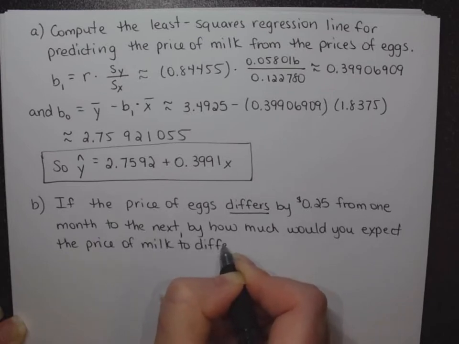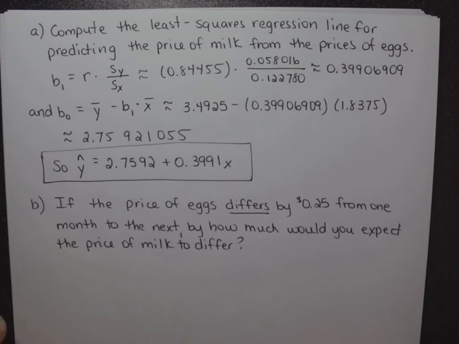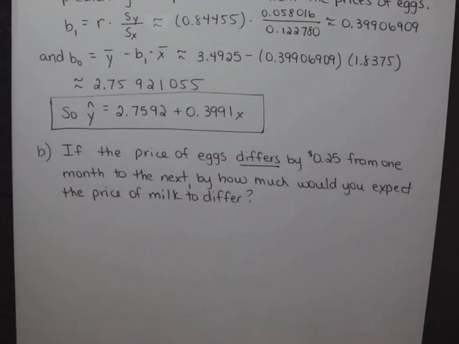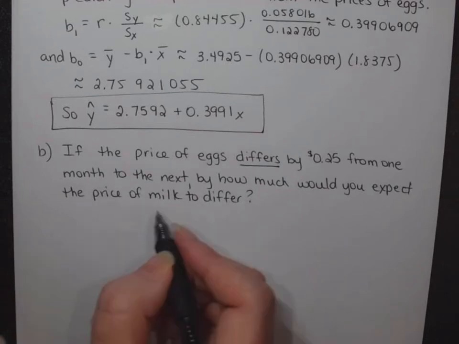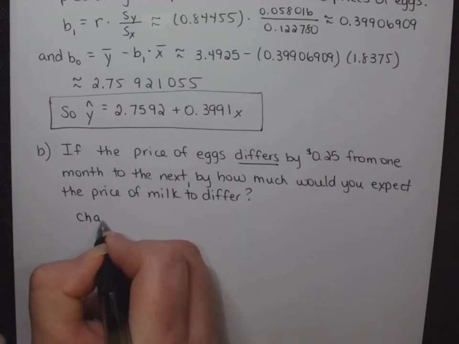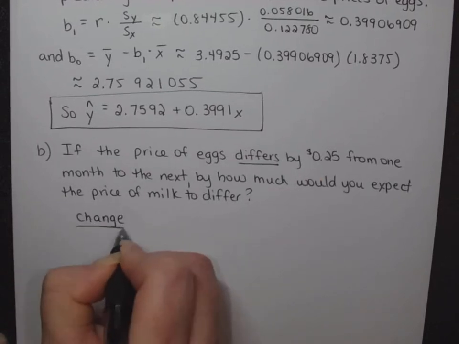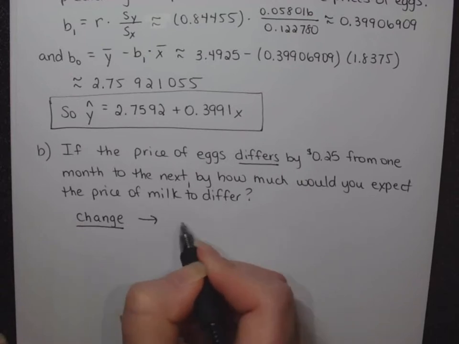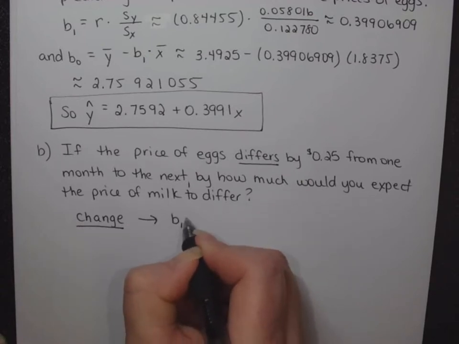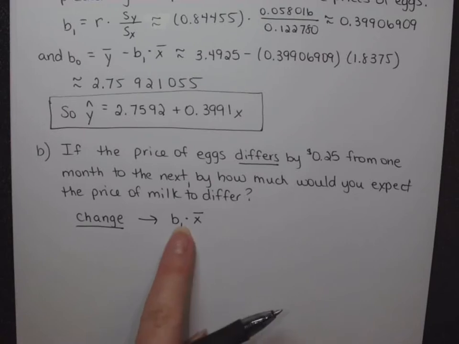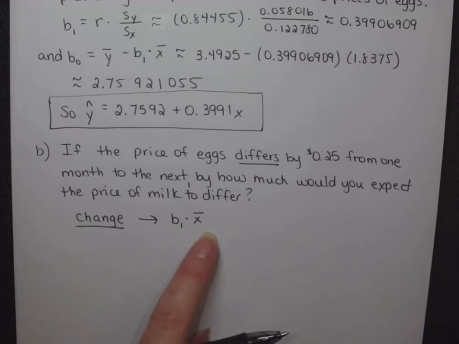You could actually just make up some x values too, one that was 25 cents different than the other. But really all you need to focus on is that they're really just talking about the change. The rate of change part of that formula is just the part that involves slope. It's just the b sub 1 times the x.